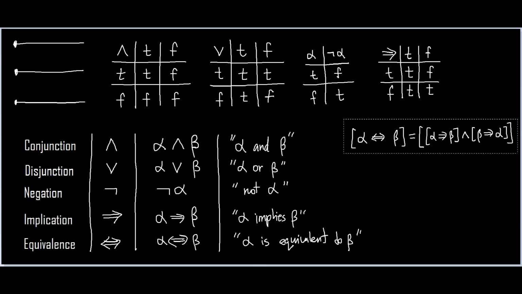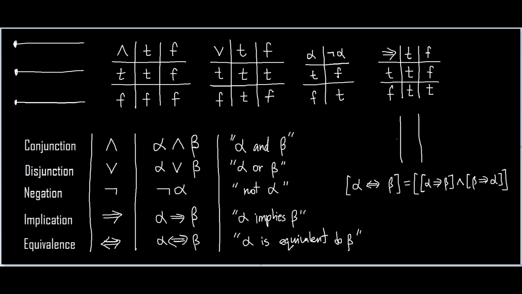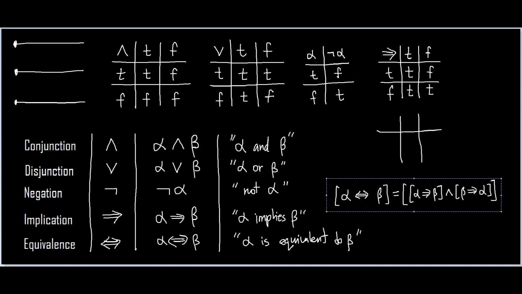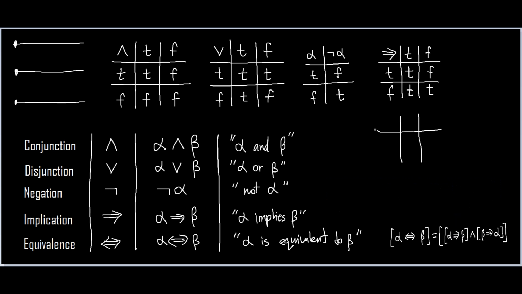And so let's see what the truth table for this will be. I'm actually going to show you how we can design this truth table, how we can come up with it by already making use of the previous truth tables and this definition for equivalence.